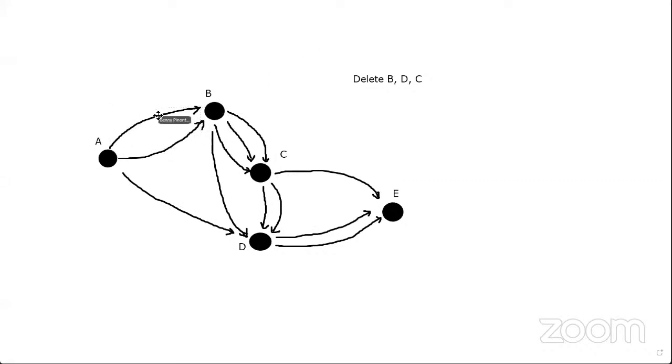You have that arrow here, and also this arrow, that's from A to C via B, but also from A to D because of this arrow.